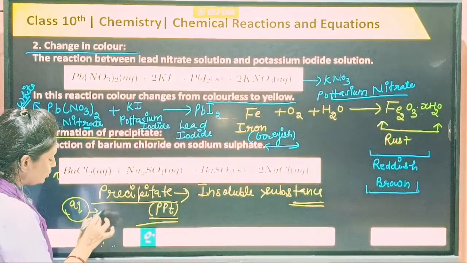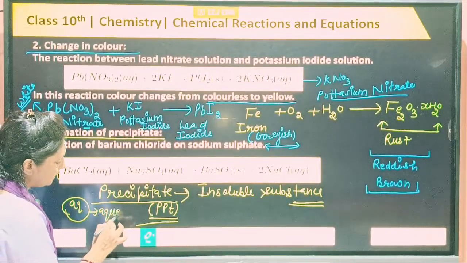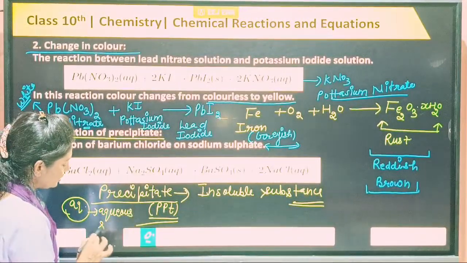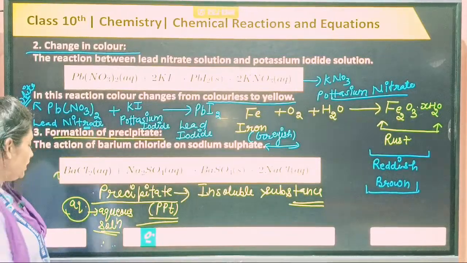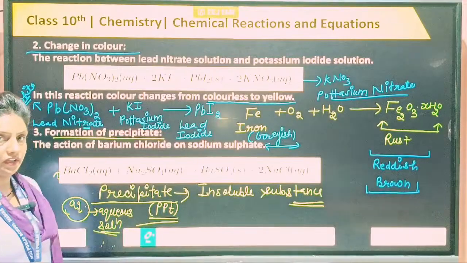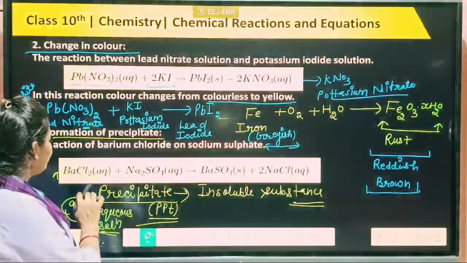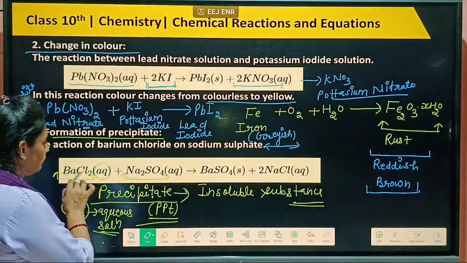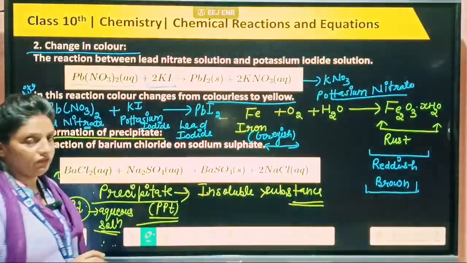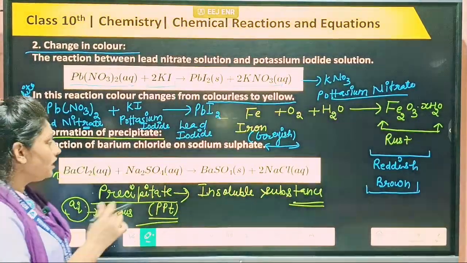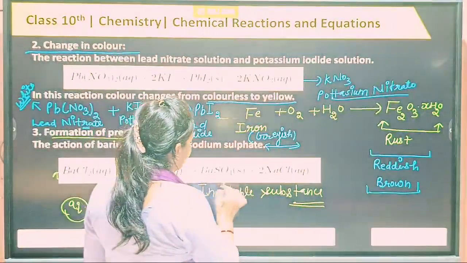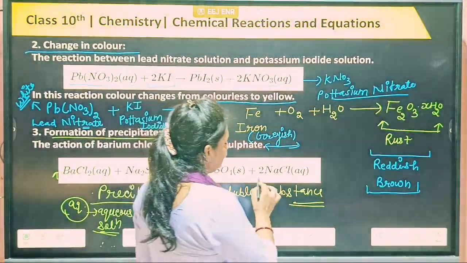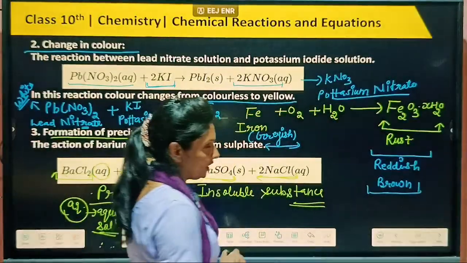Aq means aqueous solution. And what do you mean by aqueous solution? It is the solution in water. So if I mix barium chloride and sodium sulfate, then after a double displacement reaction, they give us BaSO4, barium sulfate, and NaCl, sodium chloride.